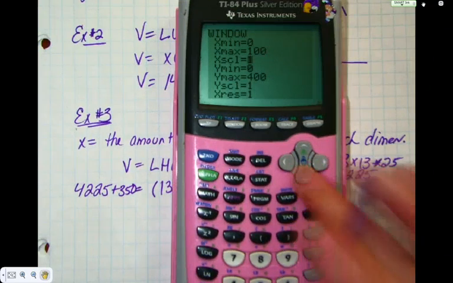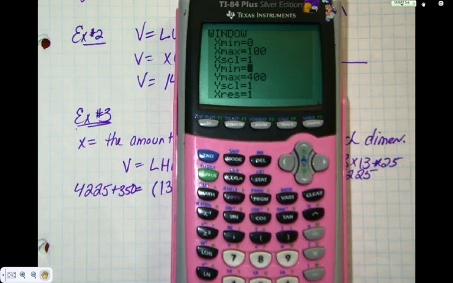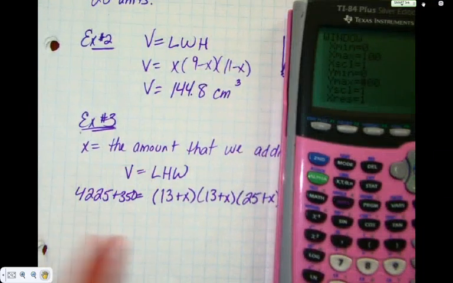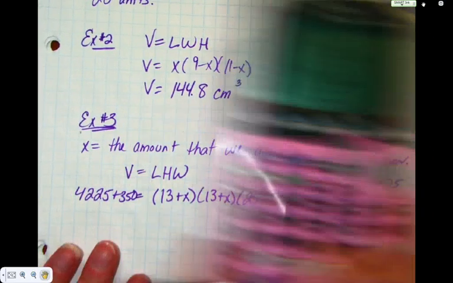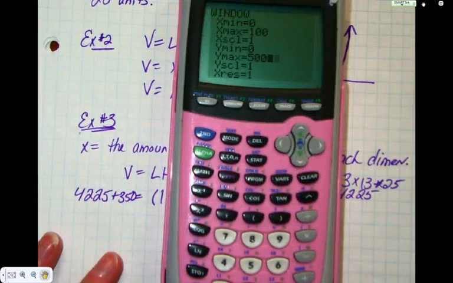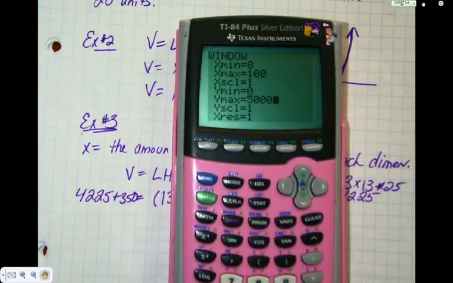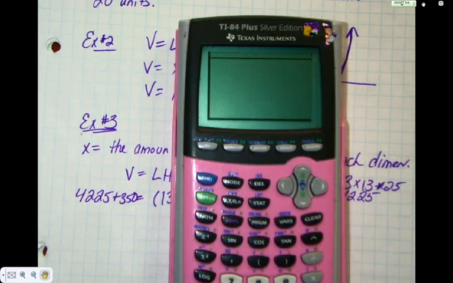Okay, let's go down to our volume. Smallest possible volume, 0. Well, we need to see at least how much? We need at least our 4575, so 5,000. Okay, let's graph it, see if we can see the intersection.